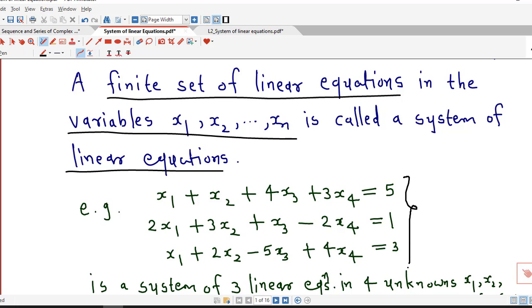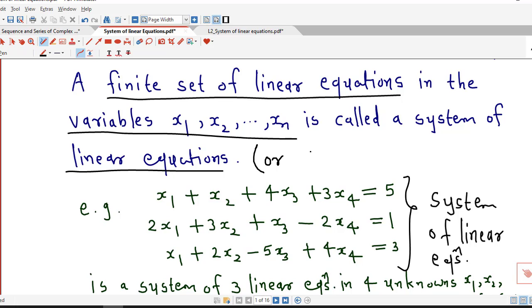So this is a finite set of linear equations in 4 variables x1, x2, x3 and x4. So this is an example of a system of linear equations. Any finite set of linear equations is called a system of linear equations. Another name is linear system. Sometimes a system of linear equations is known as a linear system also.